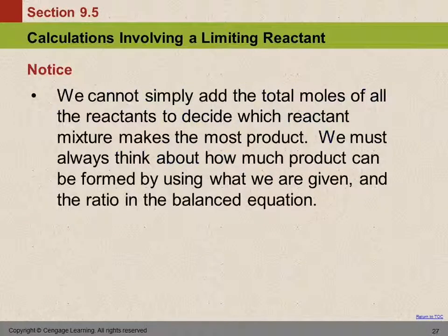Okay, this is important. I mentioned it. We cannot add the total moles. Actually, I didn't mention this. We can't add the total moles of all the reactants to decide which reactant mixture makes the most product. Because each compound has a different mass per mole. And so you can't just look at the number of grams or the number of moles, or there's really no shortcut.